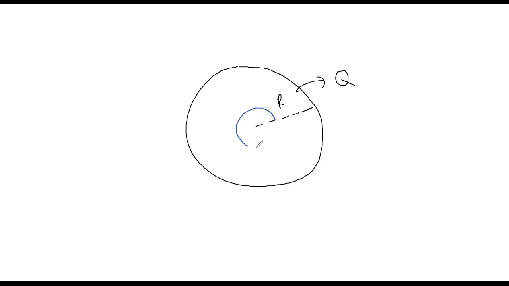Now suppose this is the bigger disk of radius R having a charge Q, and this is the smaller disk of radius R by 4 and having a charge Q dash.